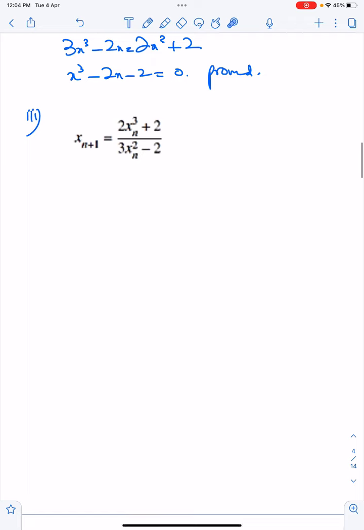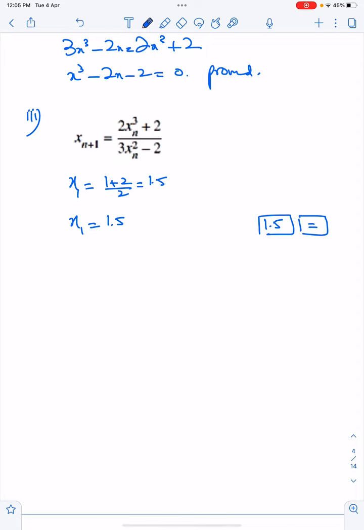So x1 equals 1 plus 2 divided by 2, which is a 1.5. So you have to take x1 as 1.5. That means with 1.5 you're going to start. Now you have to take the calculator in your hands. What you have to do is put 1.5 in the calculator and press the equals sign. This way the calculator is going to store 1.5 in the answer.